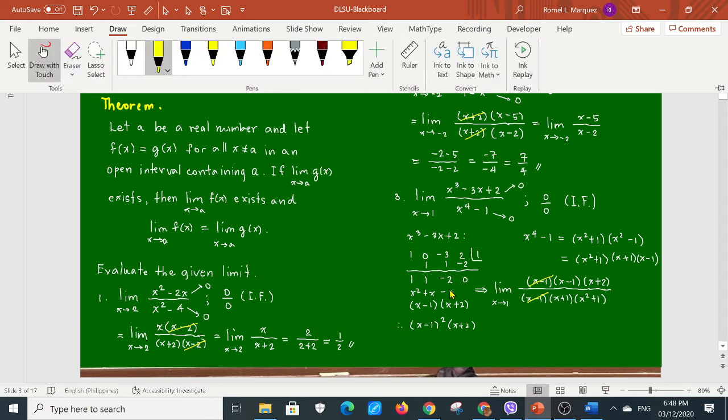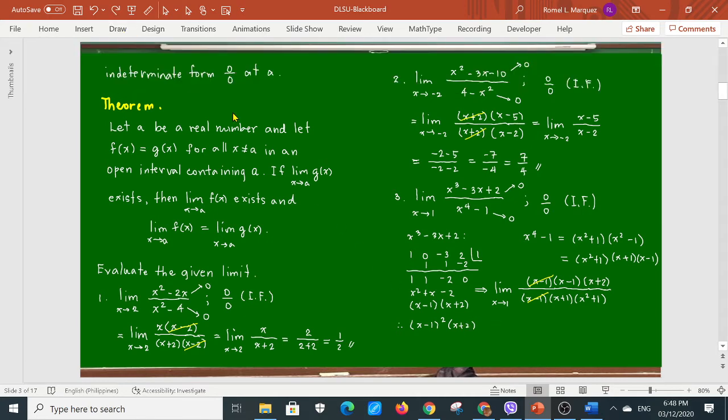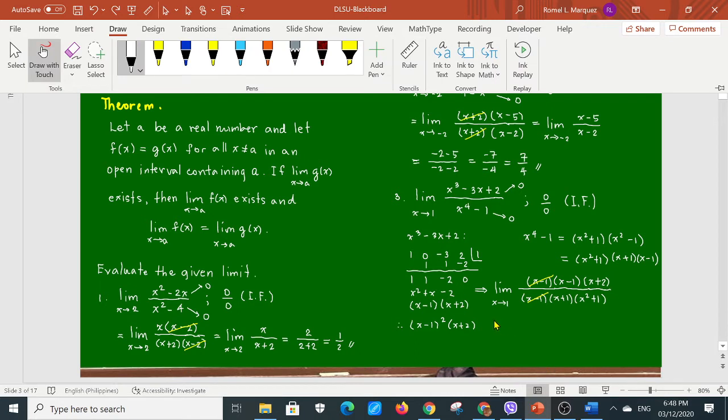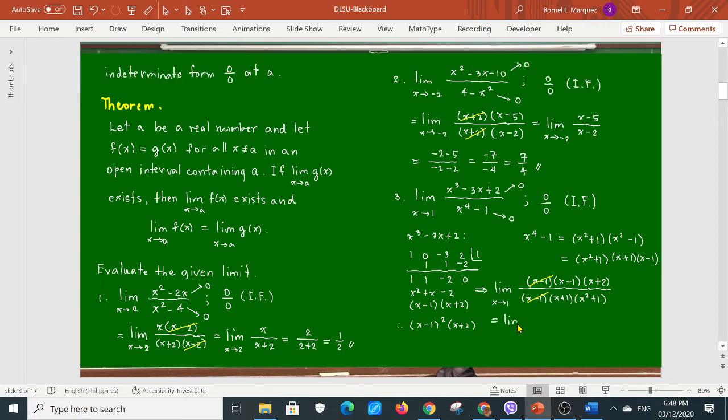So we now have the limit as x approaches 1 of x minus 1 times x plus 2, all over x plus 1 times x squared plus 1. The denominator is no longer 0 when x is 1, so the limit of that denominator is nonzero. So we can now apply the direct substitution rule.